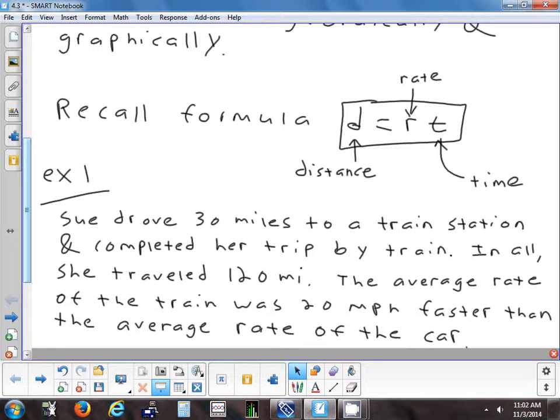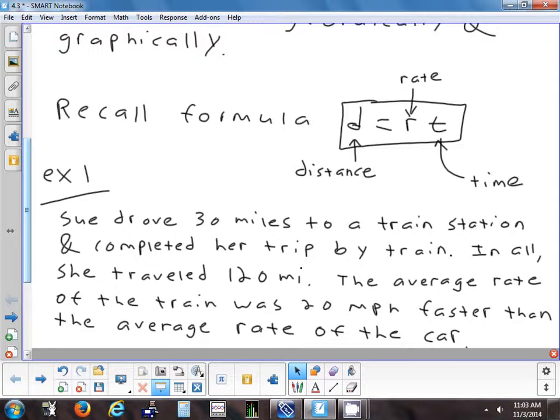The speed of the car is x, and the train is 20 miles per hour faster. Victoria? So the speed of the car, we'll let that be x. What would the speed of the train be?